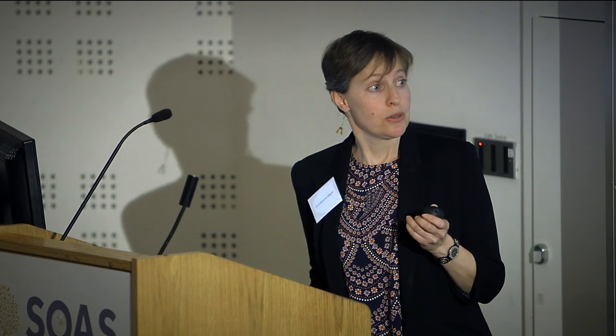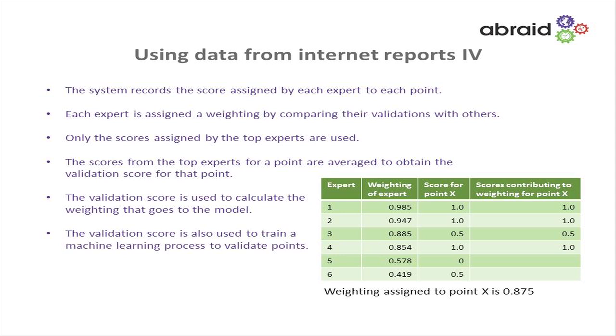So we obtain a validation weighting of 0.875. So this goes through to the model together with the geographic weighting that I talked about earlier. So that's the system which the disease experts use to validate data. And that data now, that validation weighting linked to that data point, can go through directly to the model, but it also goes through to a training data set that we use for our machine learning process.